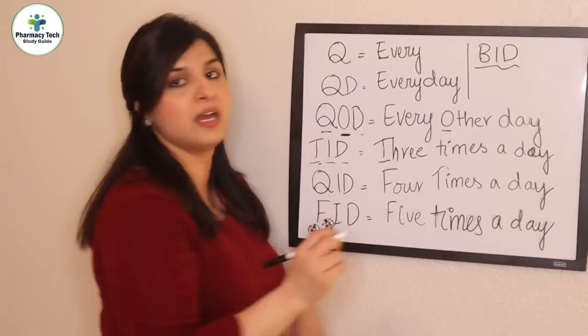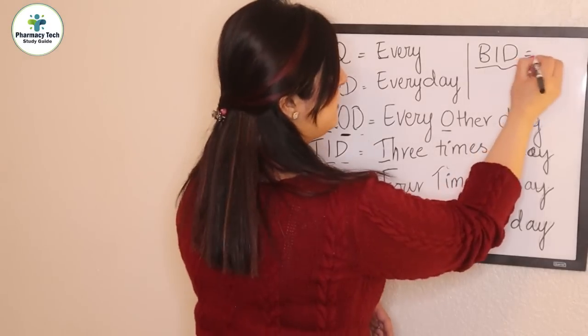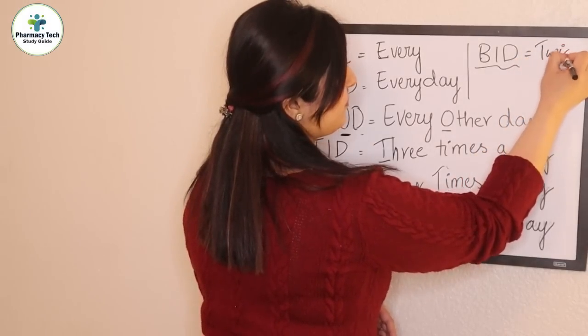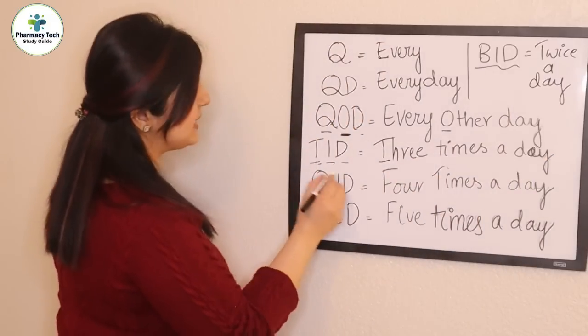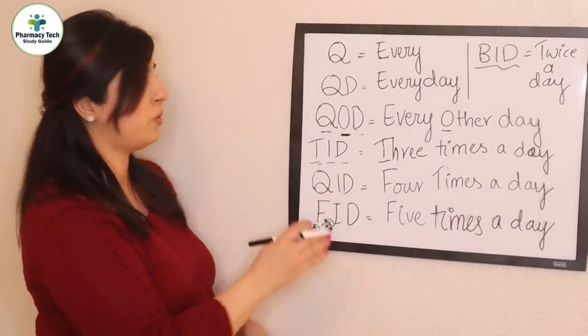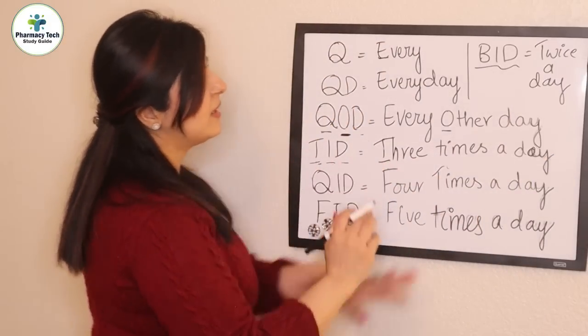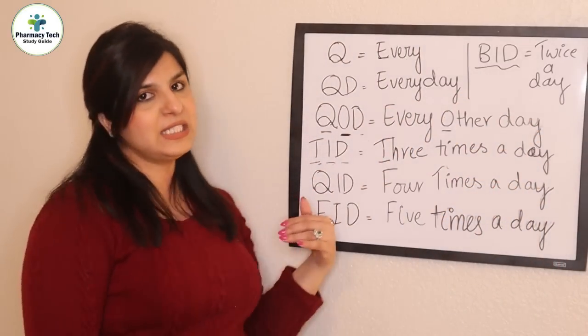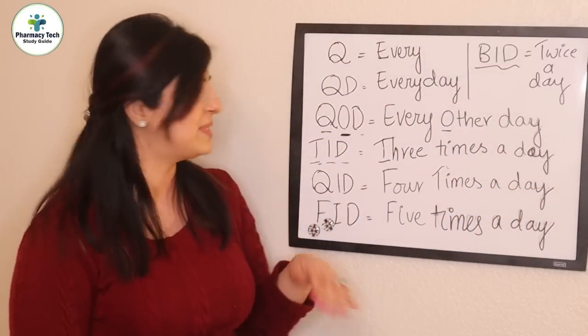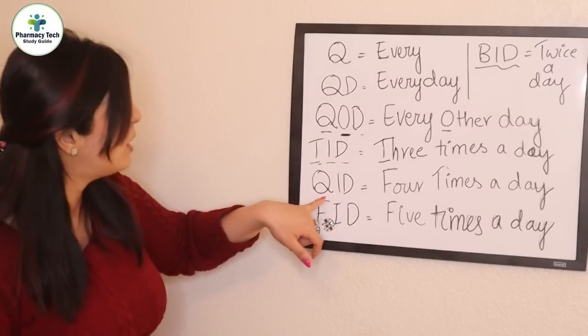BID is twice a day. But I really wanted you to remember TID first, because if you know T is for 3, then BID would be easier to recognize as twice a day, and T is for 3, which is 3 times a day.